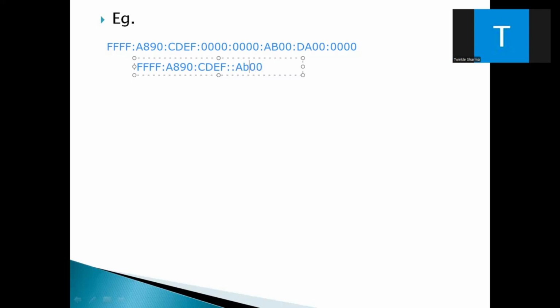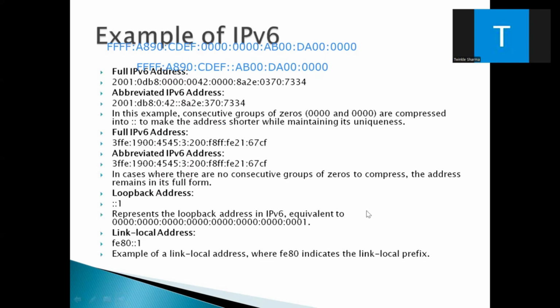AB00, DA00, 000. This is our abbreviated IP address. Then we also have some more examples of abbreviated IP addresses in other cases. This is the normal case and we have other cases.